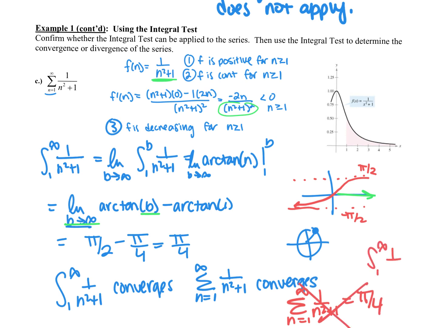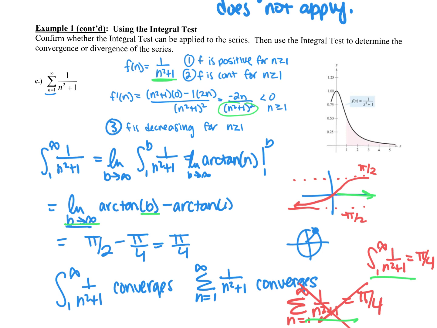The area under that curve equals pi over 4. But nowhere did the theorem say that the sum will have the same value, right? You're adding up individual values now, not the area under the curve. So that's a very different concept. But if this converges, then this converges. So the integral test does not give us the sum of the series. It just gives us whether it converges or diverges.